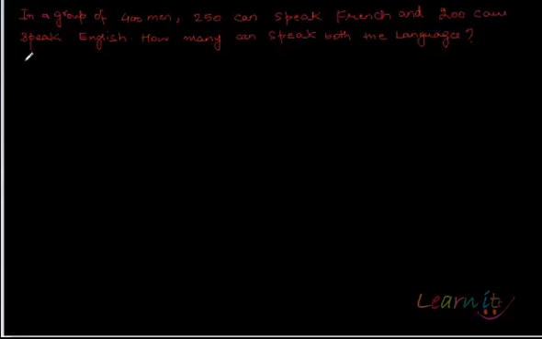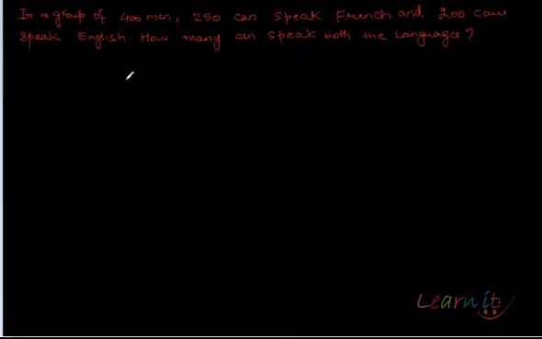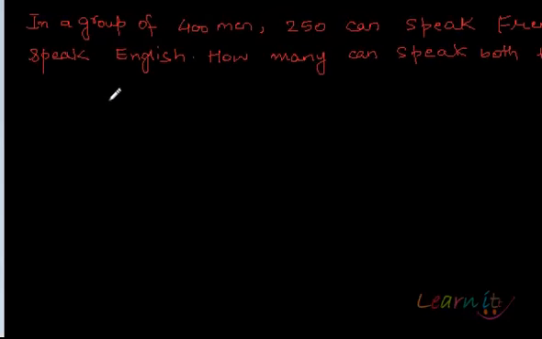The question given to us is that in a group of 400 men, 250 can speak French and 200 can speak English. We need to find out how many can speak both the languages. So what is given to us?